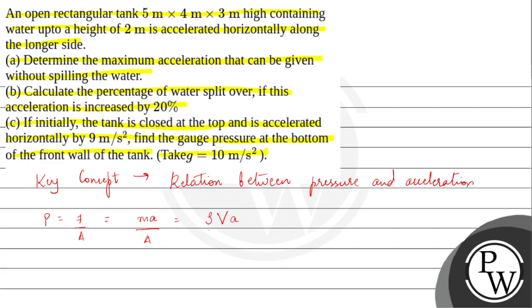So this is rho V A divided by the area of cross section. तो अगर हम डायमेंशनली इसको सिंप्लीफाई करेंगे then the pressure will be equal to rho H into A, जहाँ पे rho है density of the fluid, H है height of the fluid, and A is the acceleration.